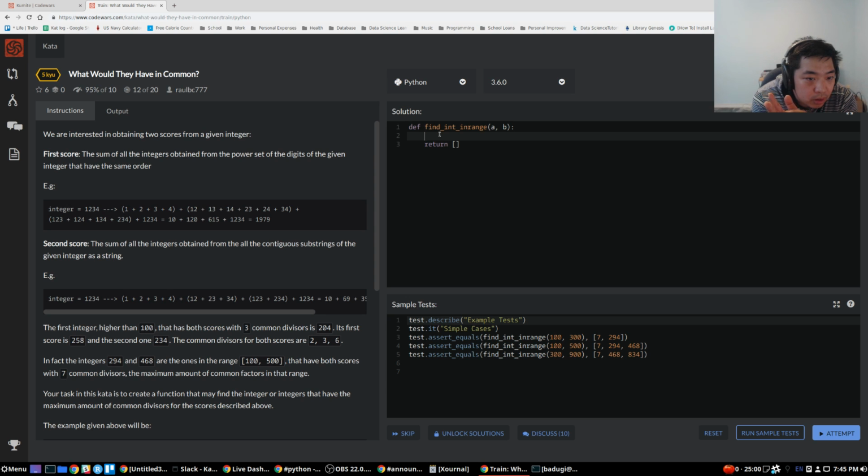1, 2, 3, 4. What? Okay, hold on. The sum of all integers obtained from the power set of the digits of the given integer that have the same order. What is power set? Let's see here. 1, 2, 3, 4 plus 12, 13, 14 plus 23, 24, 34.